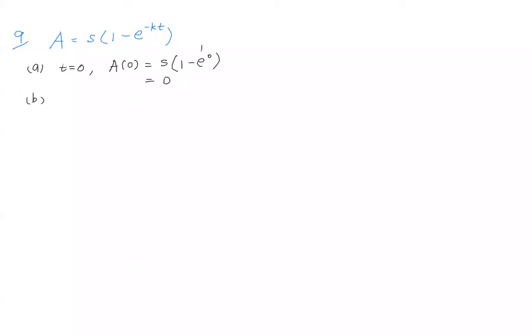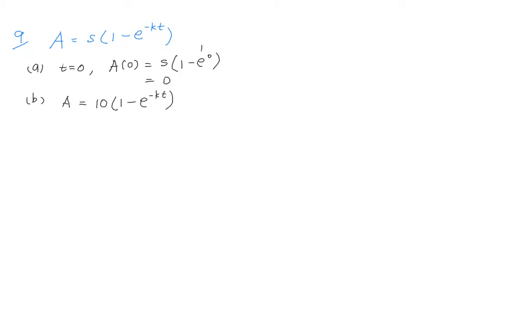Suppose S equals 10. So we follow the instruction and replace S with 10, and A equals 5 after 3 hours. So I put 1 minus e to the power negative kt.